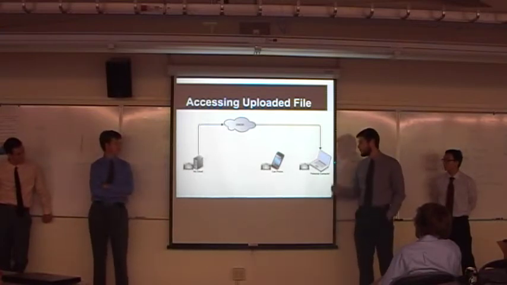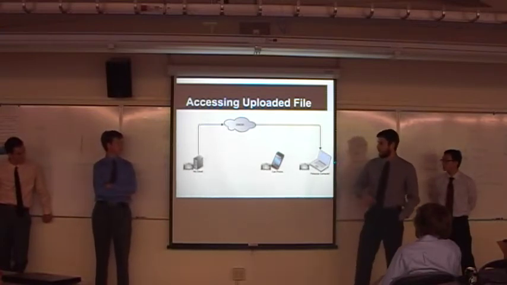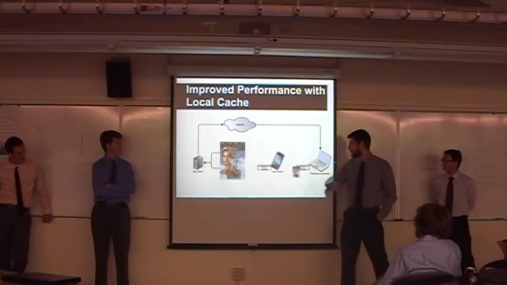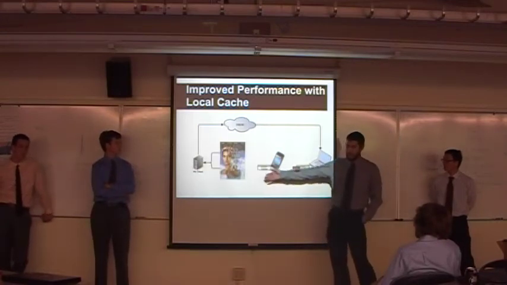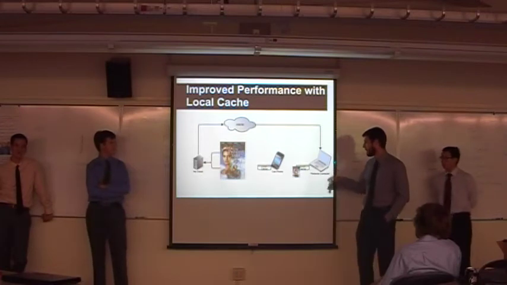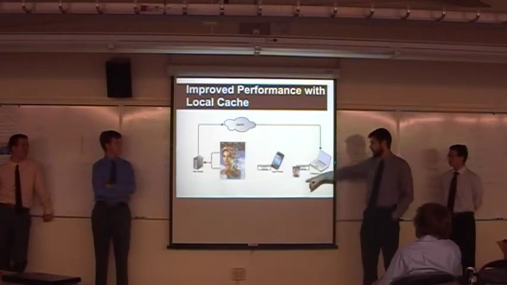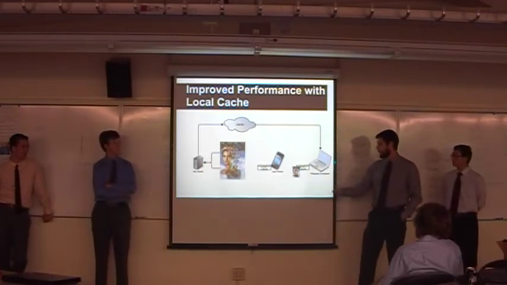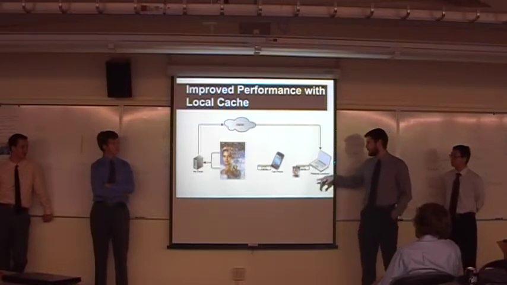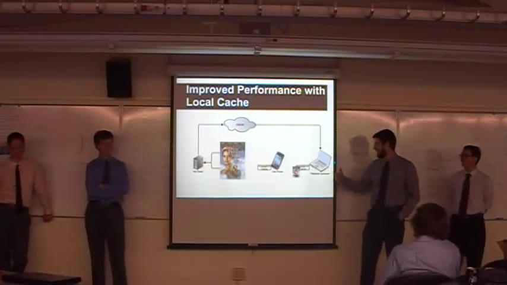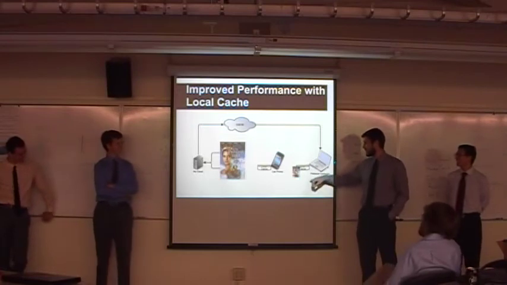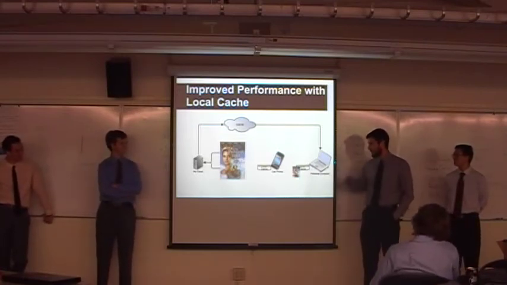so that you can have the same data on all your different devices. So then if you're watching a larger file, such as The Princess Bride, on your computer, you will have your local cache to store that. So on the third time you're watching that movie, it'll still be in your local cache.